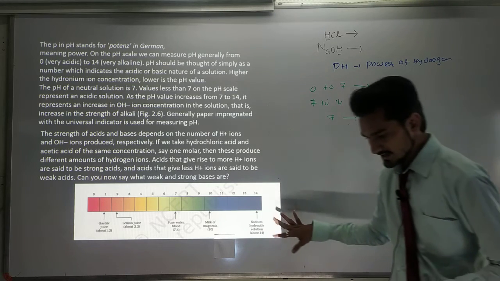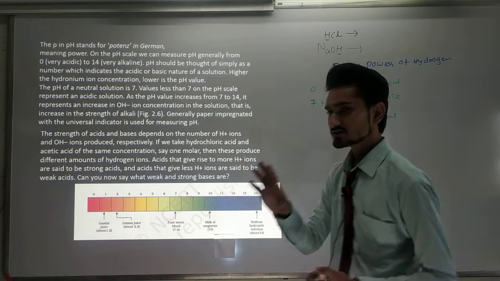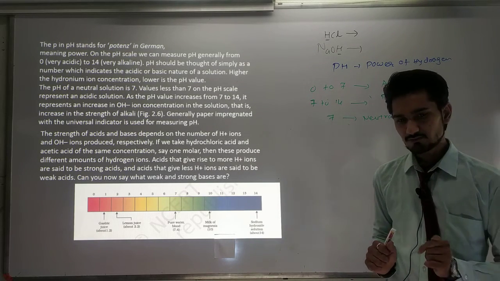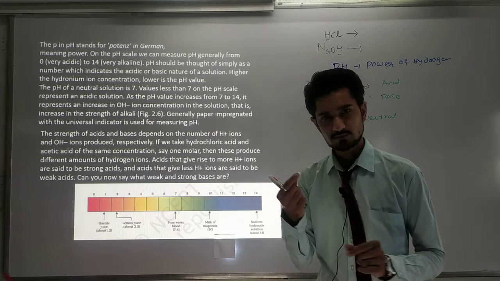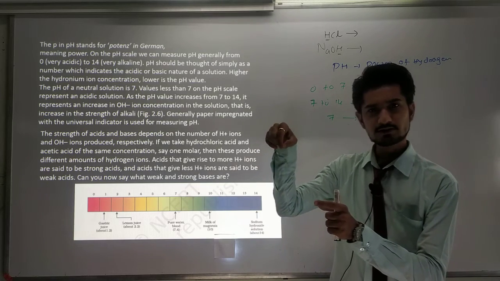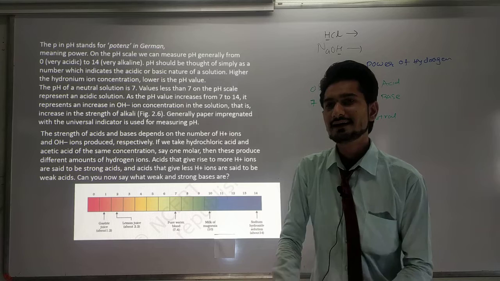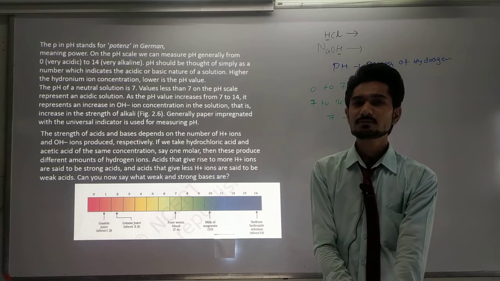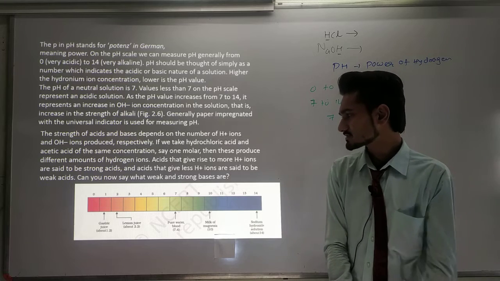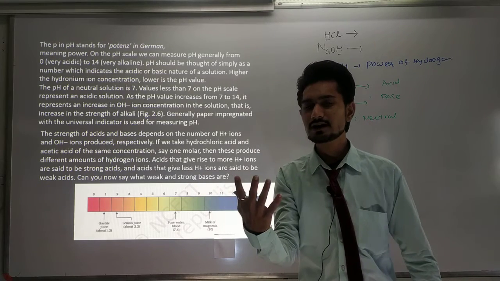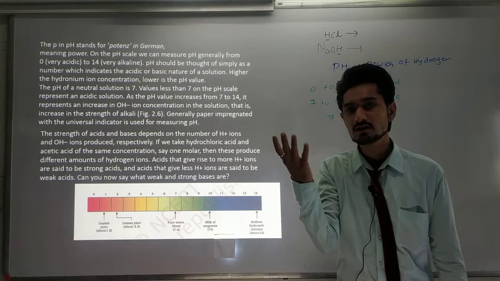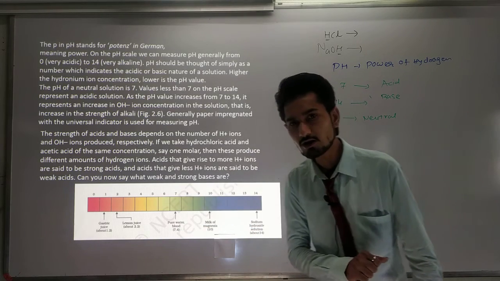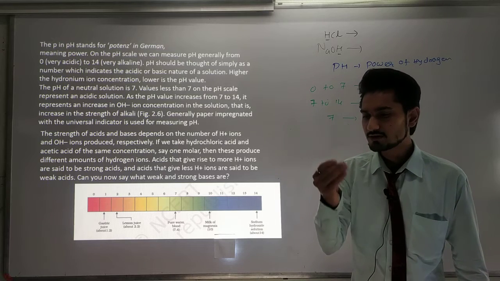This is the pH paper, which shows us a change of color. For example, if I take the pH paper and put it into some substance, the pH paper will change its color. Suppose the color comes out yellow.